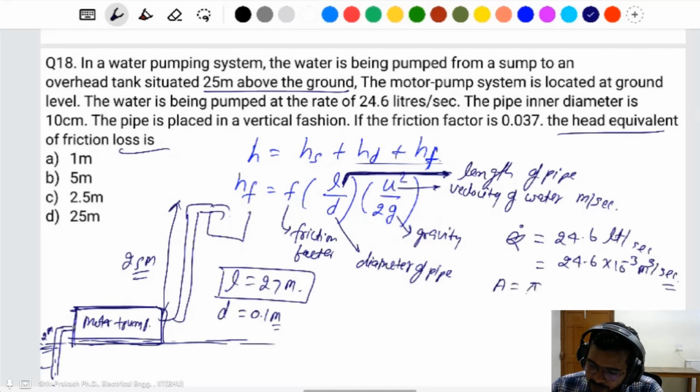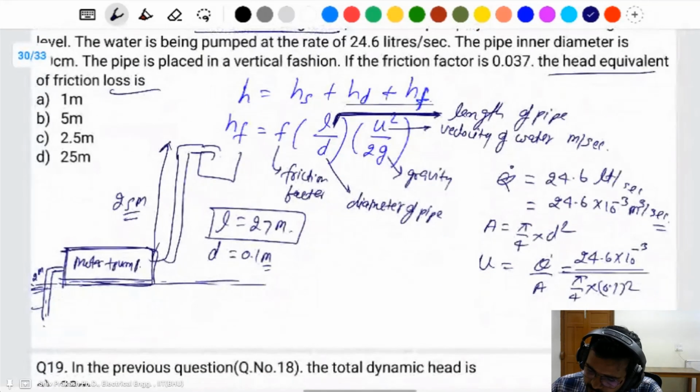Area is pi by 4 into d square. Then velocity is Q dot by A. Q dot is 24.6 into 10 to the power of minus 3 meter cube per second, and area is pi by 4, d is 0.1 square.